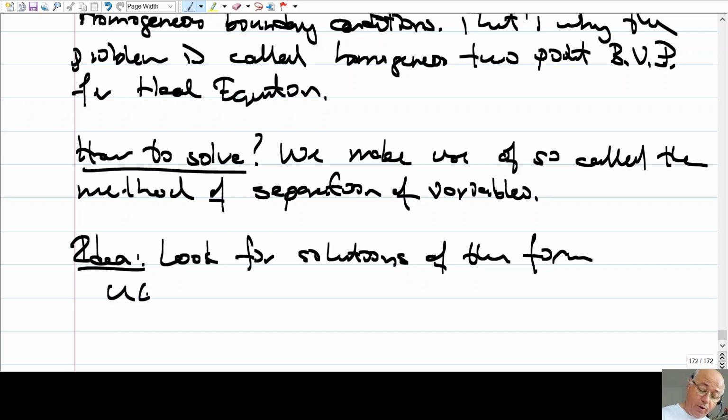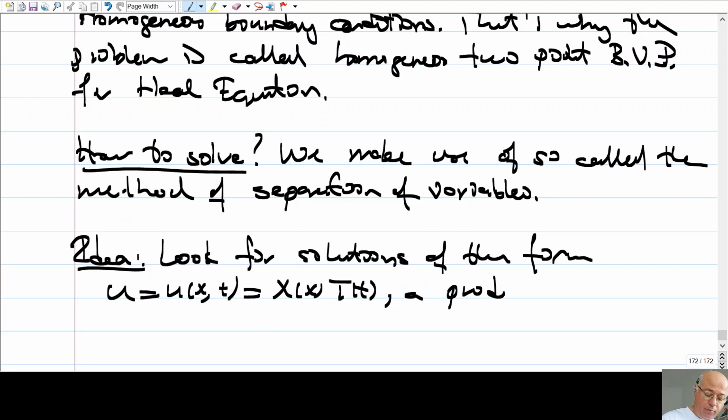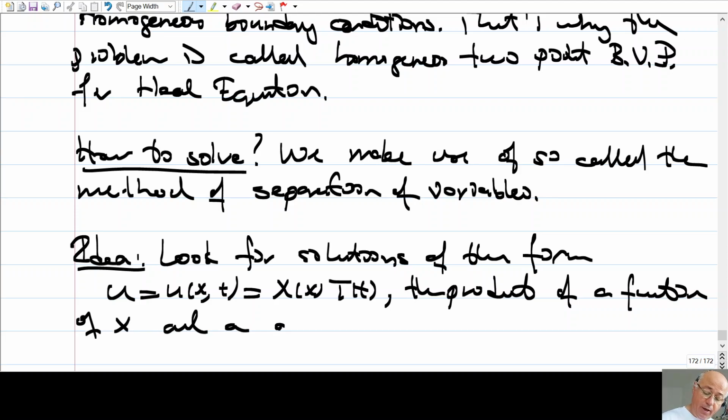u equals u(x,t) that can be written as a product of a function of x and a function of t.